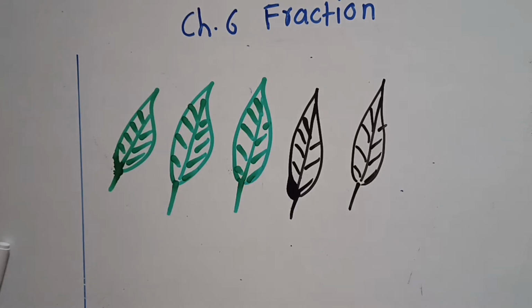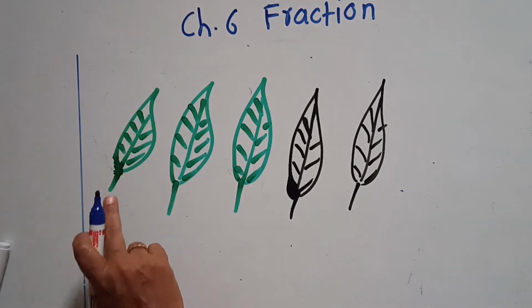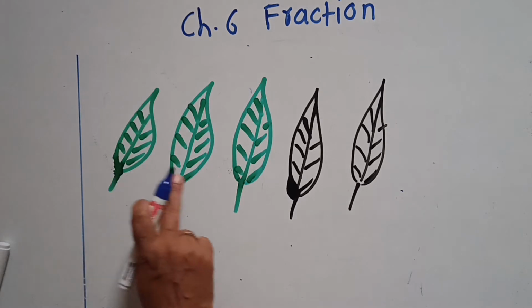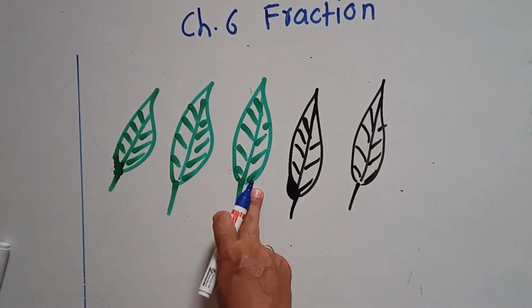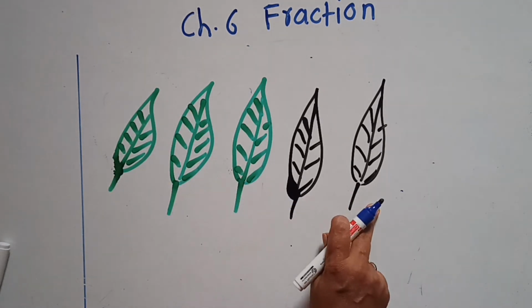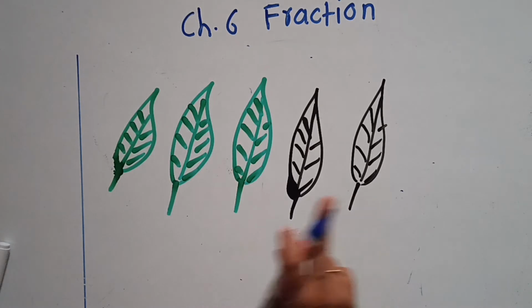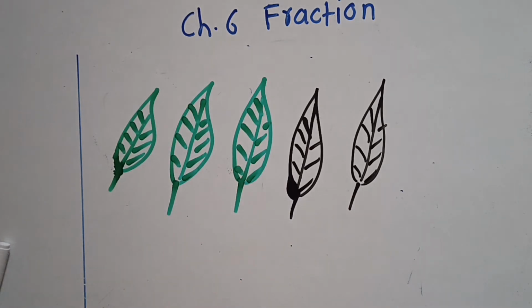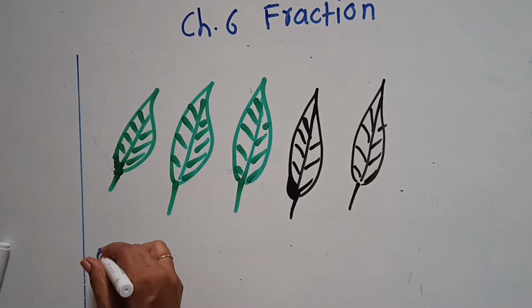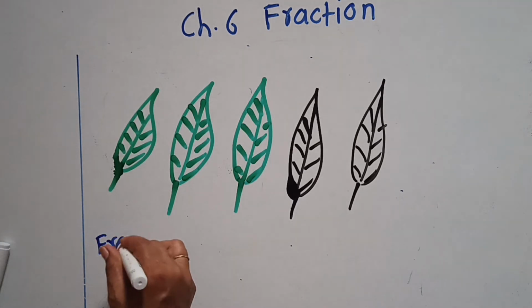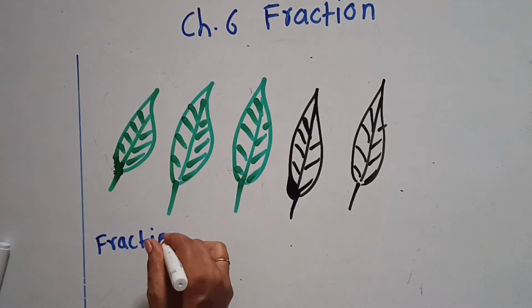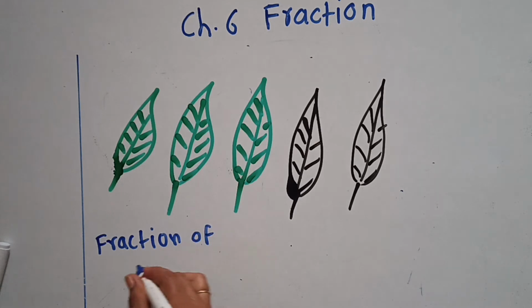Children, see here. Here are 5 leaves. From the 5 leaves, 3 leaves are green and 2 leaves are dry. Now, what is the fraction of green leaves?